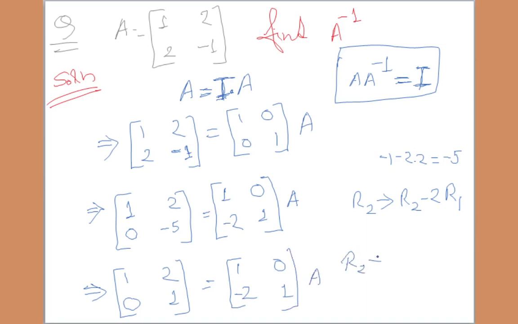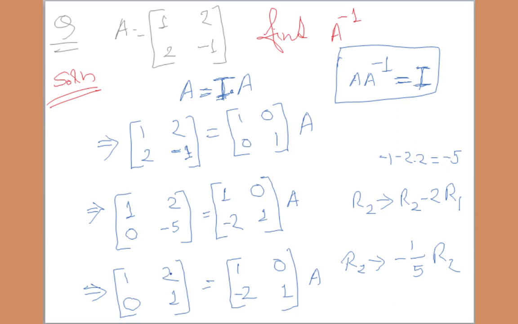Row 2 is changed by dividing by minus 5.